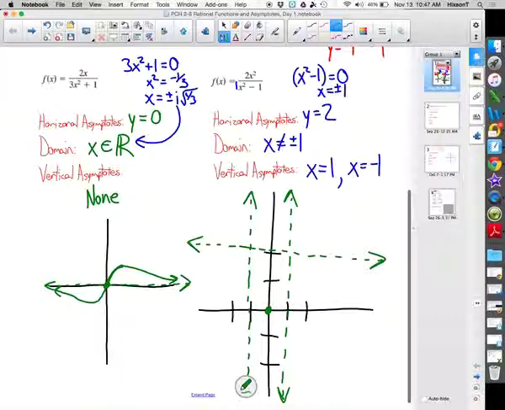I know on both sides it's got to approach these vertical asymptotes, but I know it's not going to approach going up because I've got this horizontal asymptote here. So I know I've got to go down over to here, and I've got to go down over to here. It looks like we have a parabola in between those two asymptotes. It's not a parabola, but it looks the same.